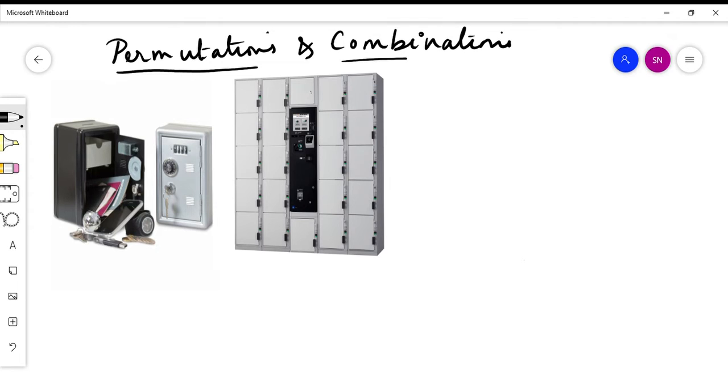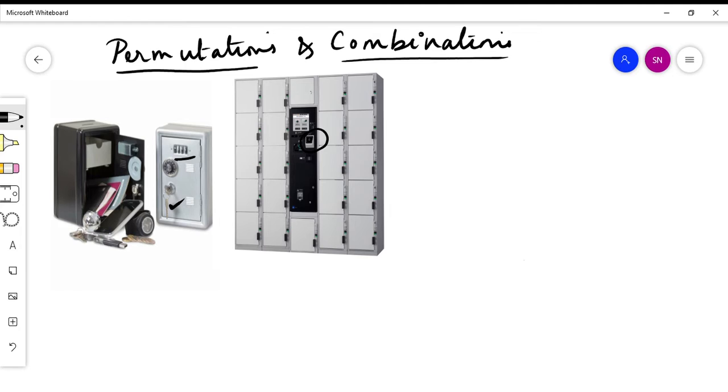Okay, so on the screen what do you see? You see a key here, a code lock, a sophisticated arrangement here. All of these look like a locker, correct? Now, how does a locker open? A locker opens with a code, basically numbers.